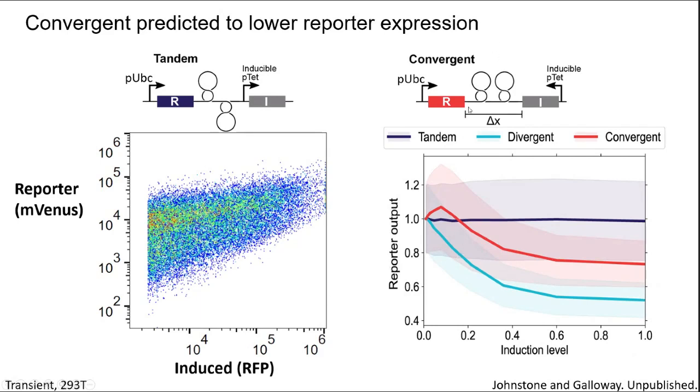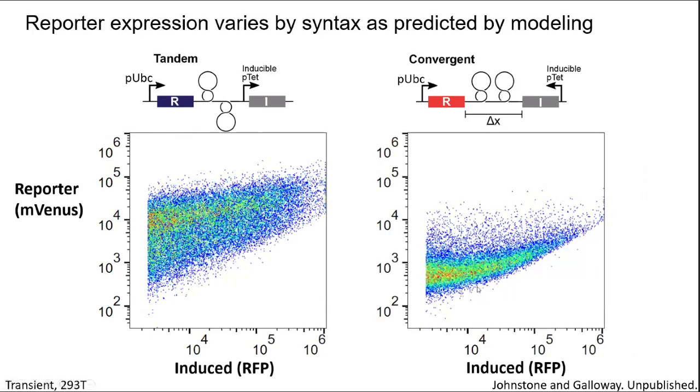Whereas when we had our convergent orientation, we predict negative feedback through the physical coupling of these 2 elements, and you see a drop. And that's exactly what we saw when we just simply flipped it around. These are the exact logically same circuits, and yet their physical coupling is resulting in vastly different expression profiles.